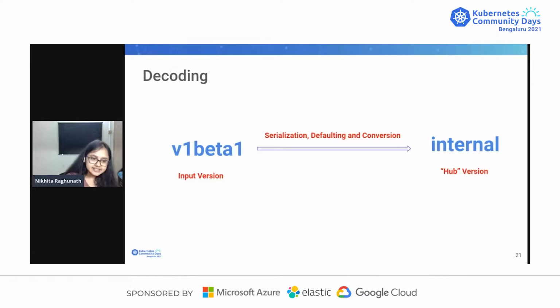First is serialization, where you submit YAML or JSON data and convert it from YAML form to the Golang type. Second is defaulting, which applies the default values that we talked about. And finally, the third step is conversion to the internal version. Just to recap: serialization converts the data to Golang form, then apply the default values, and finally convert it to the internal version.